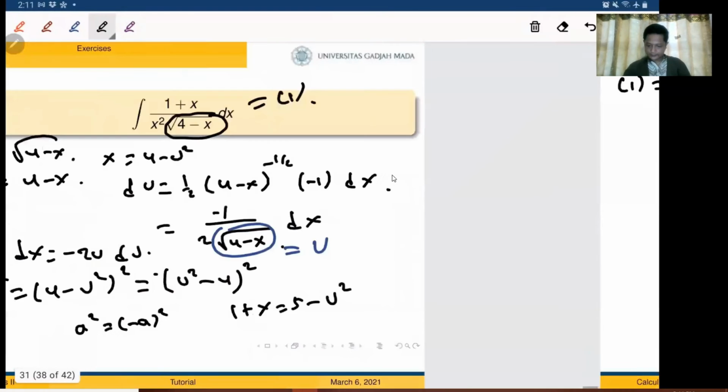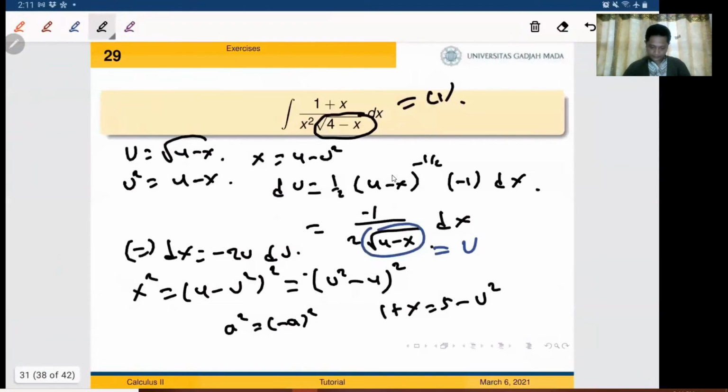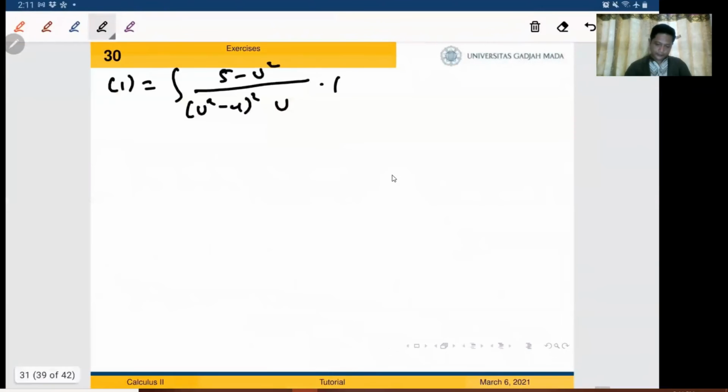What is my square root? It is u. And then what is my dx? My dx is minus 2u du. I want to neglect the number 2, but I don't know whether I can. Okay, I just try to multiply with minus and move out the number 2.